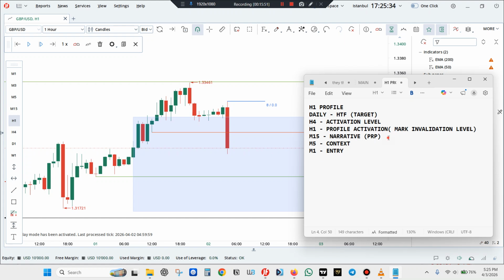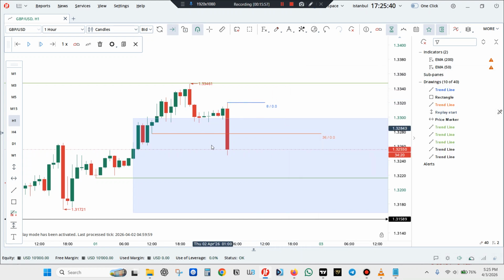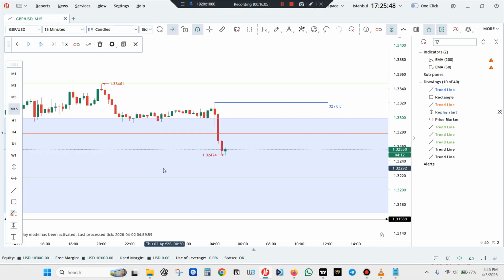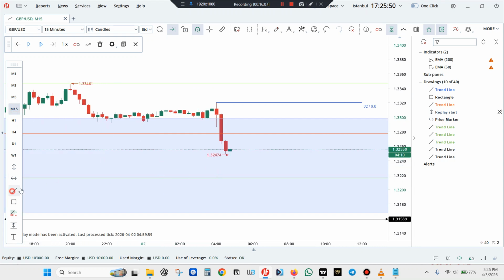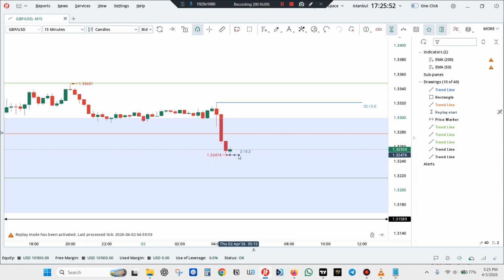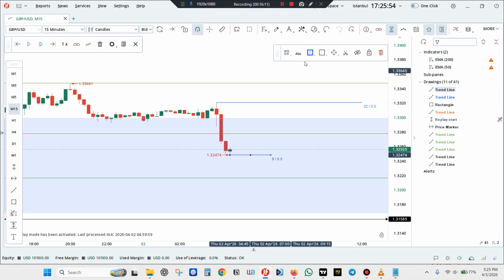Then we switch to M15, we mark our price reference points, and most of the time we check if this price leg will have valid trailing levels that can act as our support for price. So when you switch to M15, notice that yes, this price leg, first of all we mark the previous candle low.